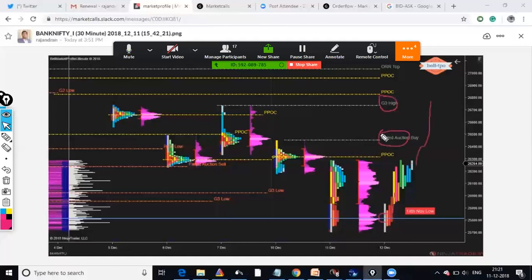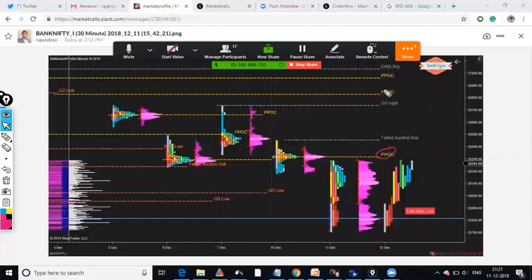Already we have done T+1. And a lot of prominent points of control. One more prominent point of control. ORR top. We would like to rate this ORR top as a weak ORR top. Temporarily price goes down, but eventually they will catch everything back up. So I'm expecting there are a lot of congested reference levels. How many reference levels are we supposed to clear?